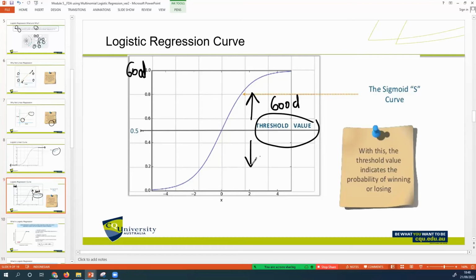If it is below the threshold value, then it is bad, if you consider 0 is bad and 1 is good. But if it is upside down, if 0 is good and 1 is bad, meaning above the threshold will be bad, below the threshold will be good.